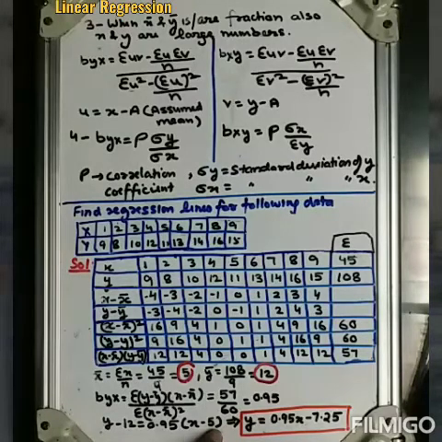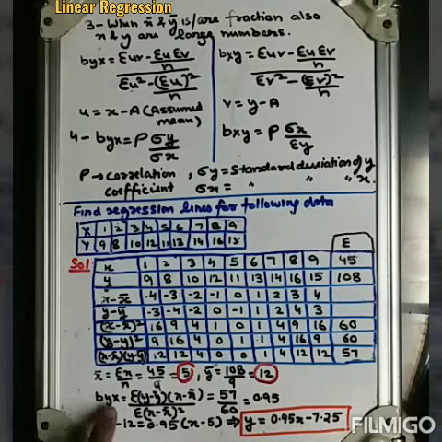Suppose we are taking the regression line of y on x, so y should be the subject. So y is equal to whatever value is on the right side. On solving this, we get this value. Same way, we can calculate the regression coefficient of x on y, and the regression line of x on y.